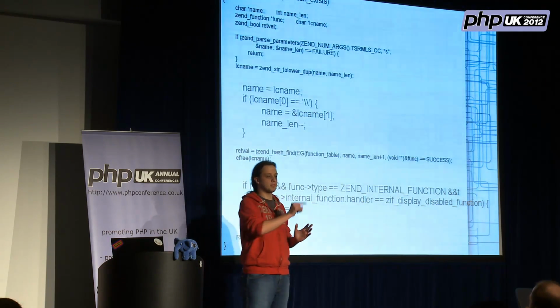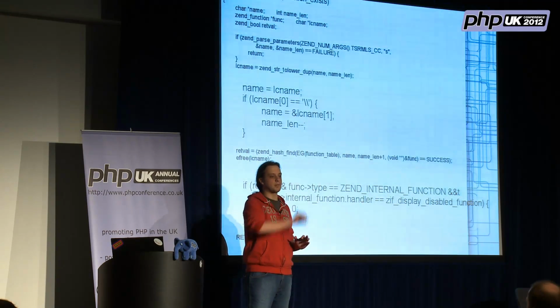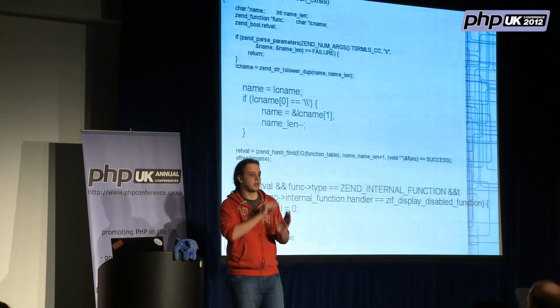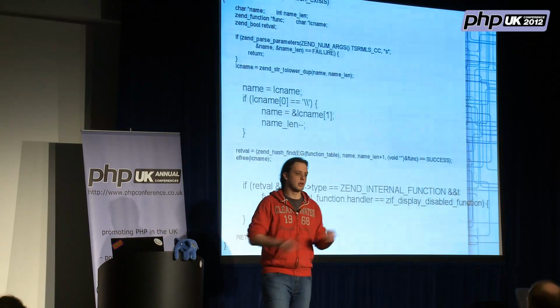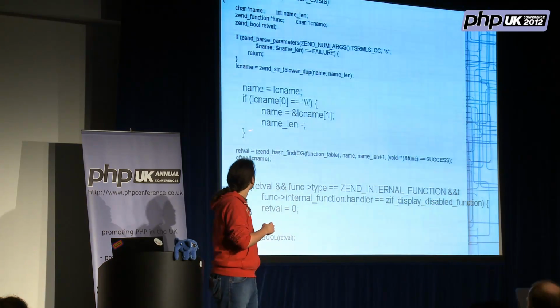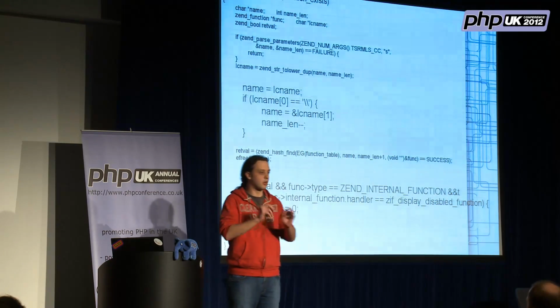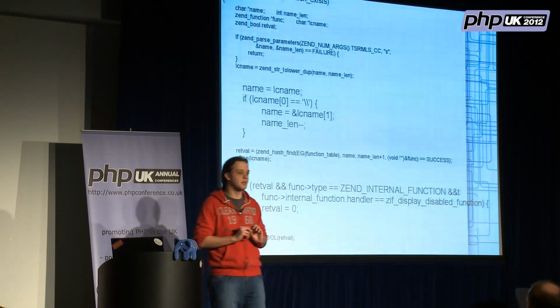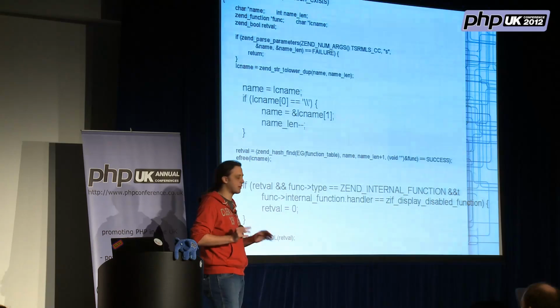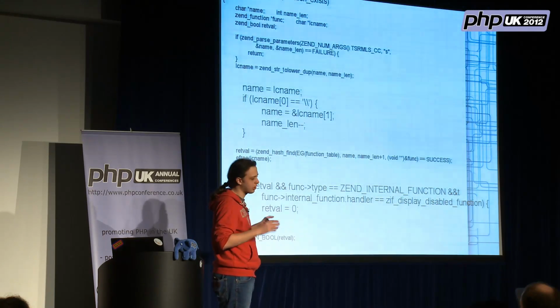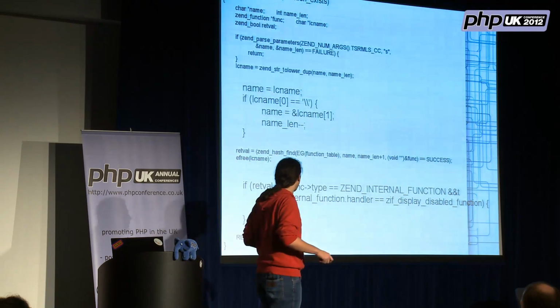So people might pass the name starting with a backslash, but the backslash is not stored in our function table, so we have to get rid of it. That's a very little extra cost in this execution, which you can barely measure at all. Depending on your CPU, you even can't measure it.